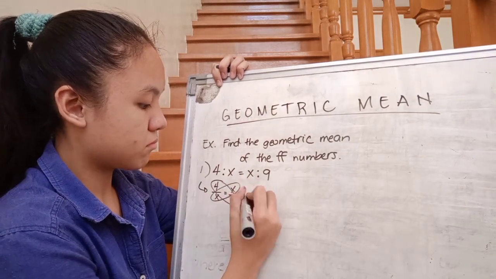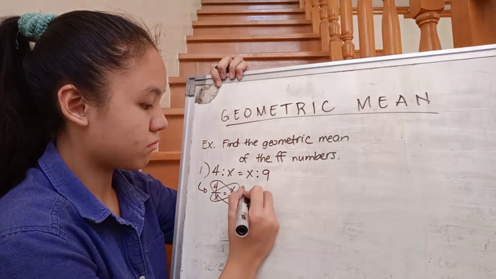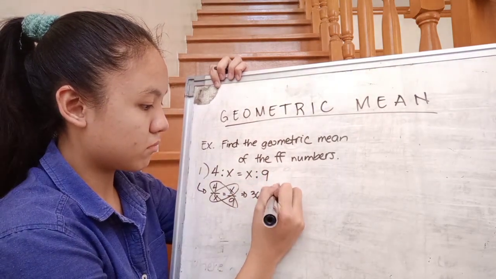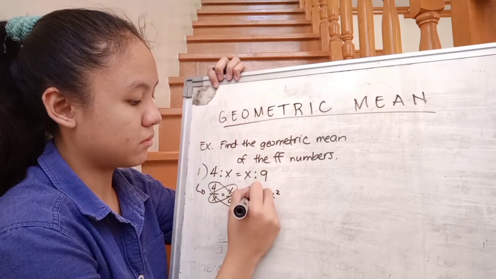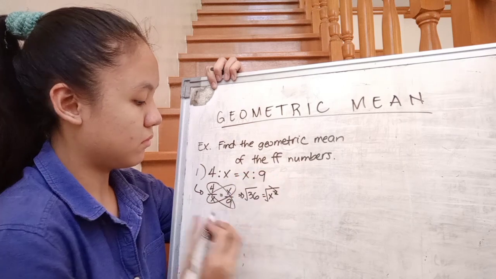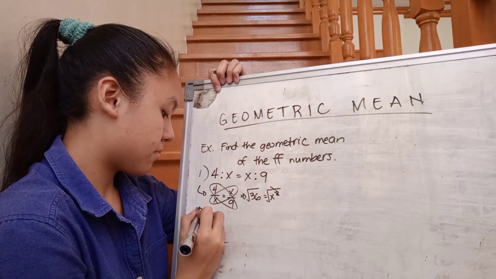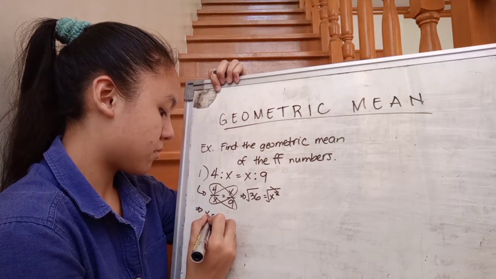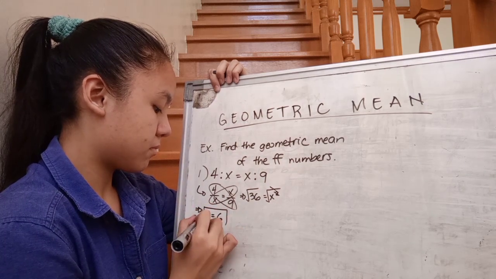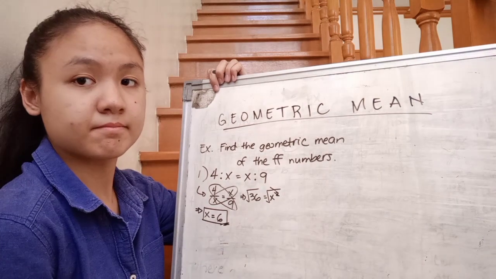Then cross multiply. 4 multiplied to 9 is equal to x multiplied to x. So 4 times 9 is 36, x times x is x squared. Then getting the square root of both sides, eventually getting x is equal to 6.